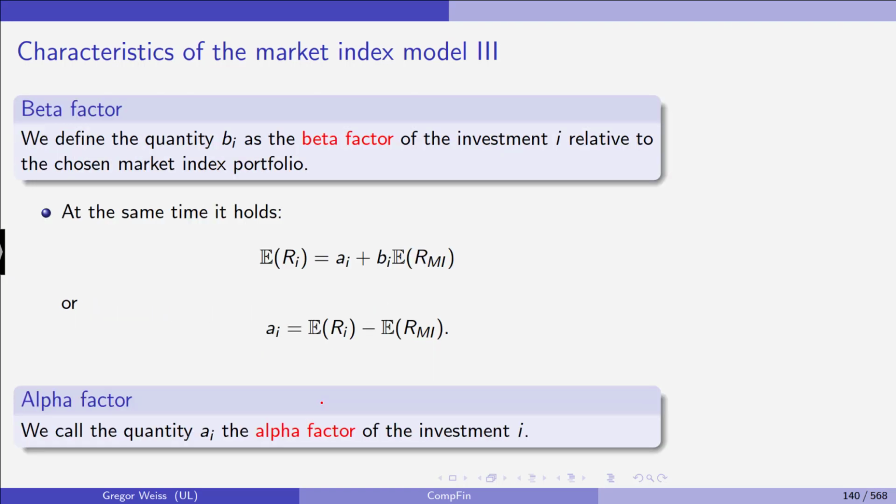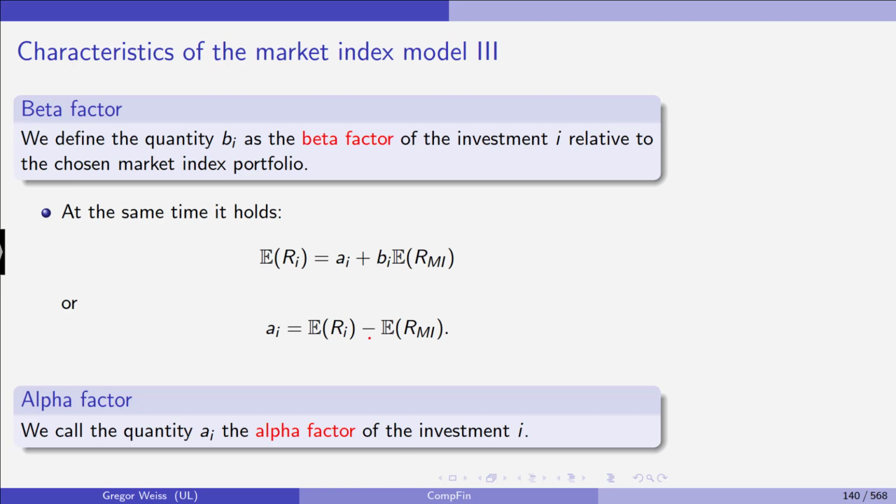What does this tell us? First of all, we call b_i the beta factor of the investment i relative to the chosen market index portfolio. At the same time, we can see that the expected return on a stock i is given by a_i, the so-called alpha factor, plus the beta factor times the expected return on the market index.